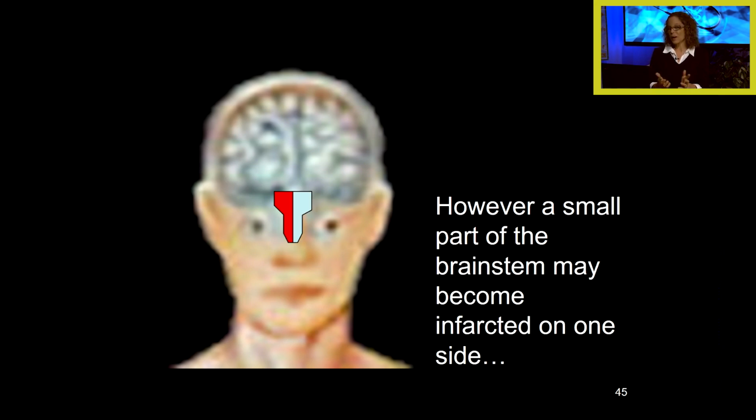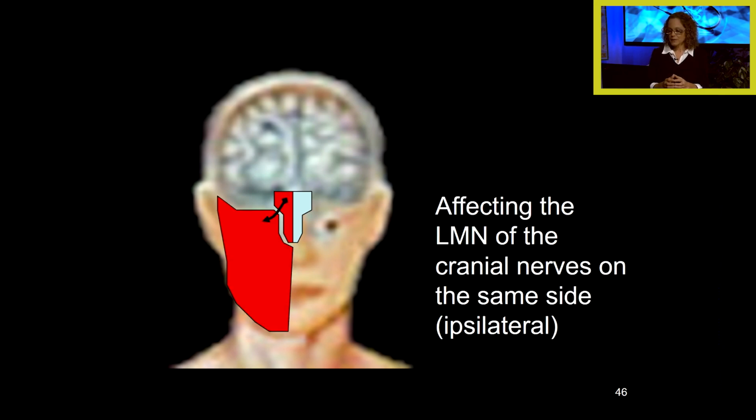However, a small part of the brainstem can become infarcted on one side. And if that happens, it can affect the lower motor neuron of the cranial nerves on the same side, the ipsilateral side, all right?